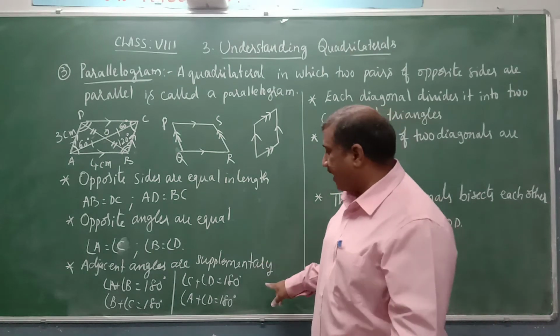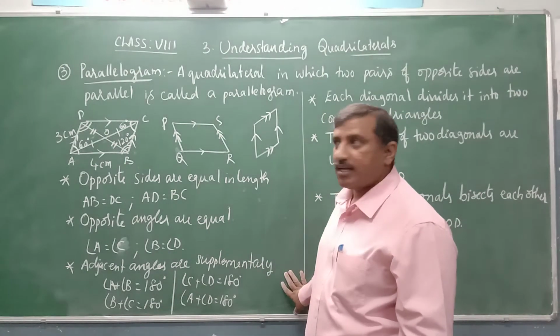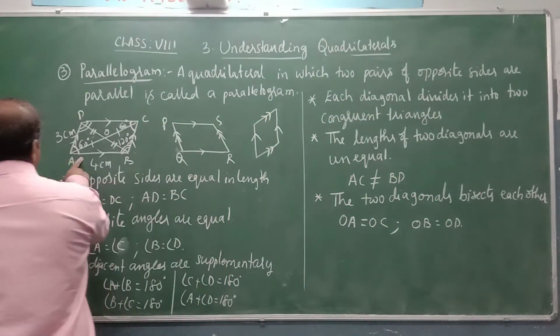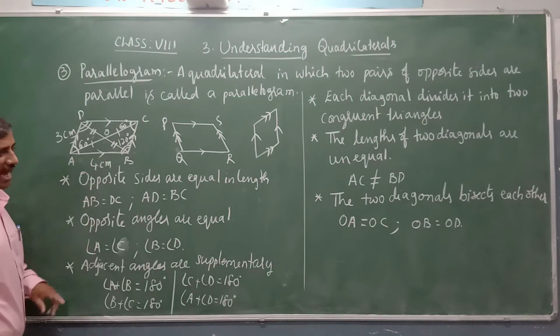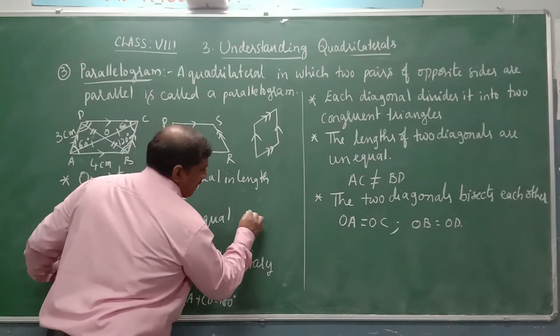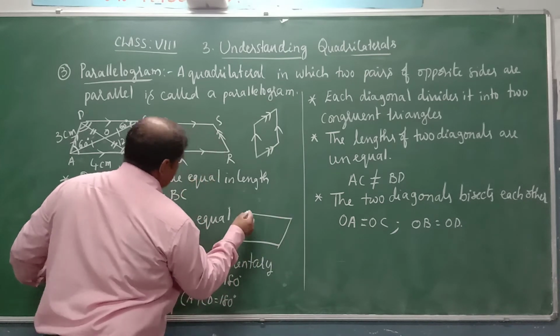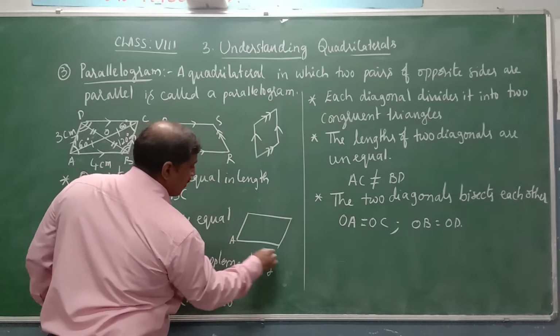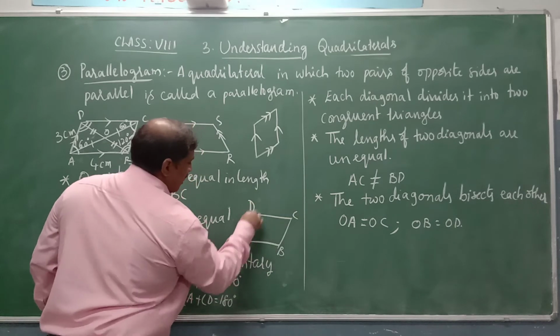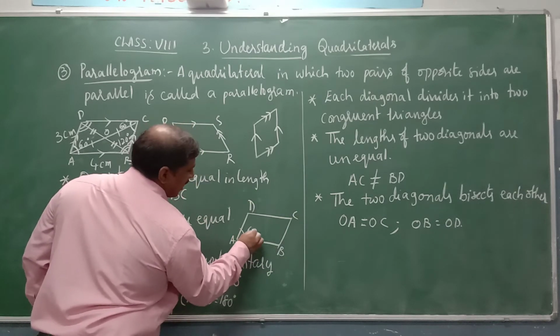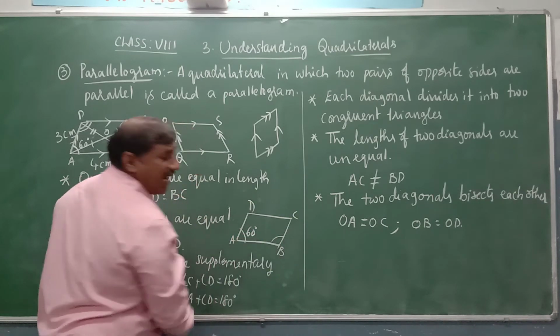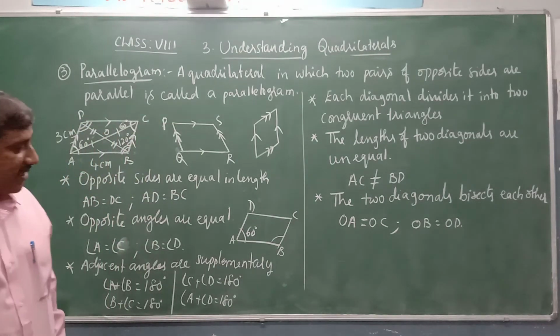Now, adjacent angles are supplementary angles. So, if angle A is equal to 60 degrees, then how much is angle B? Here I am drawing one more. You see here, this is A, B, C, D. Now, angle A is equal to 60 degrees. How much is angle B, children?